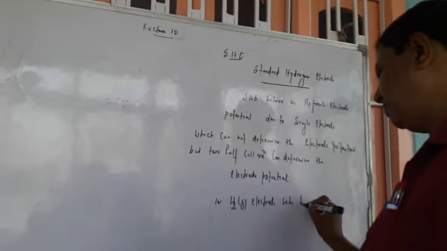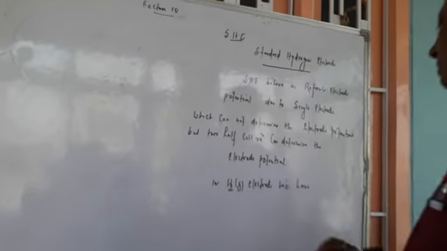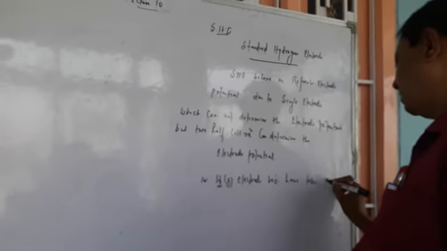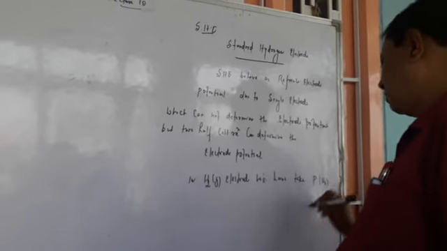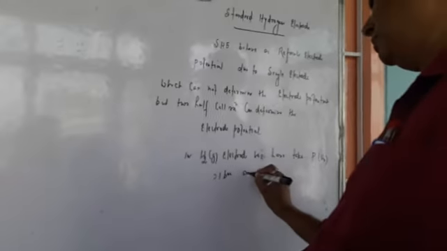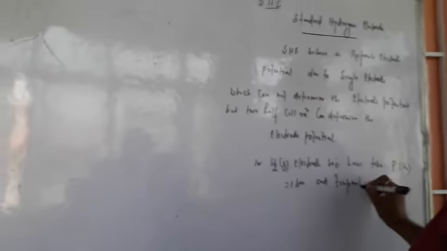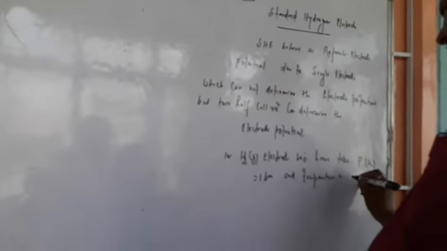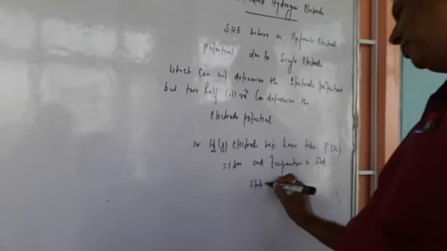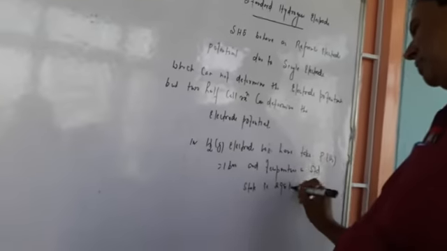In the hydrogen gas electrode, we take the pressure of H2 as 1 bar and the temperature in the standard state, that is 298 Kelvin.